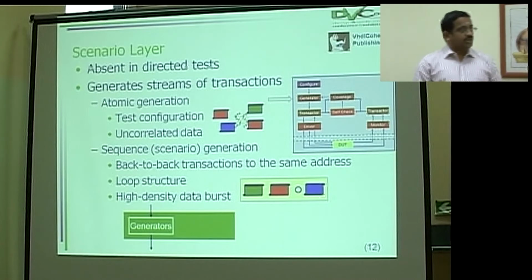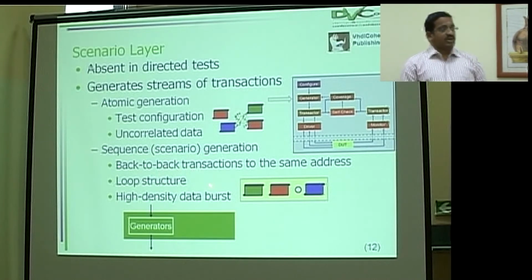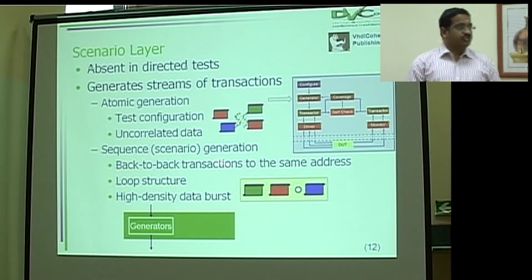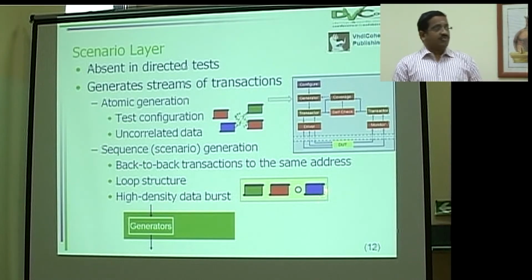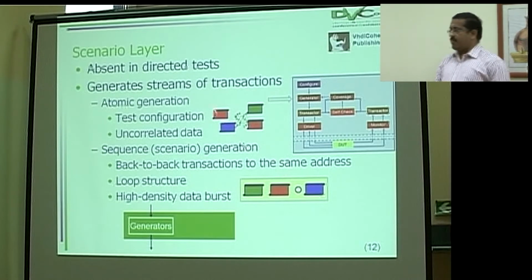The scenarios could be back-to-back transactions to the same address, loop structure, high density data burst, and so on. So fundamentally, VMM differentiated to say that there is an atomic generation, then there is scenario generation.